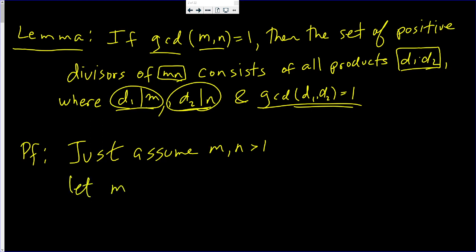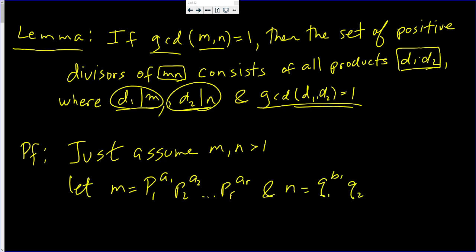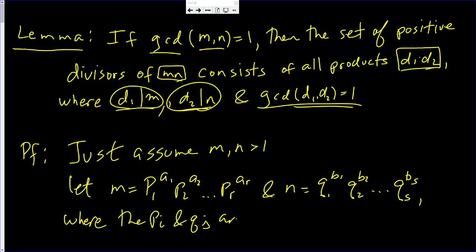Let m be p sub 1 to the a sub 1, p sub 2 to the a sub 2, all the way up to p sub r to the a sub r, and n is equal to q sub 1 to the b sub 1, q sub 2 to the b sub 2, all the way up to q sub s raised to the b sub s power, where the p sub i's and q sub j's are primes.